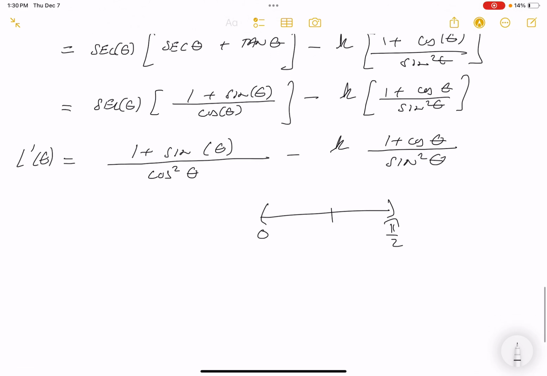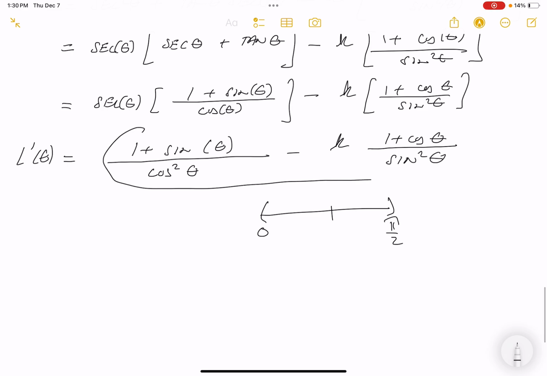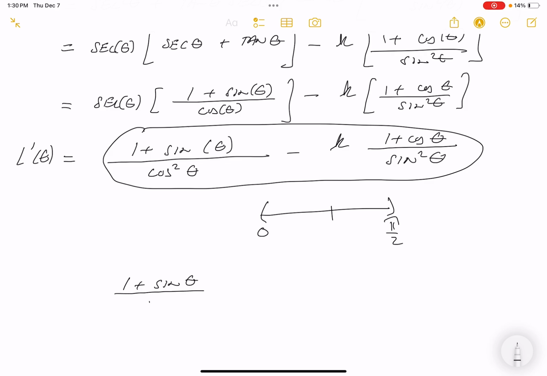Everything looks great, right? So I'm just going to take this and set them equal to one another. That would make it a 0. So I'd see 1 plus sine theta over cosine squared theta would be the same thing as k times 1 plus cosine theta over sine squared theta.